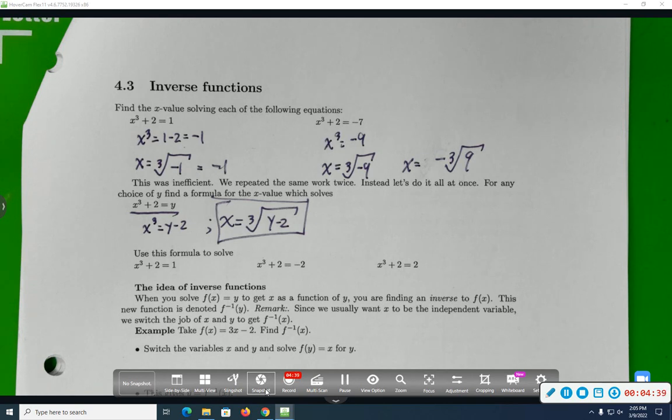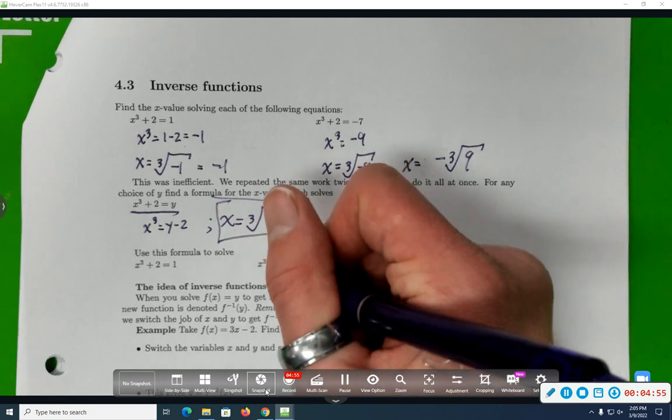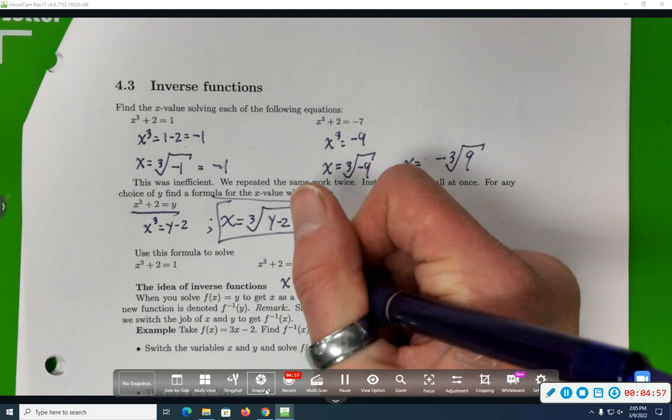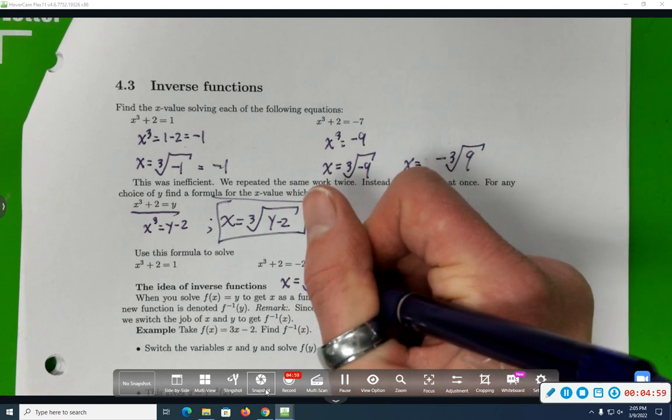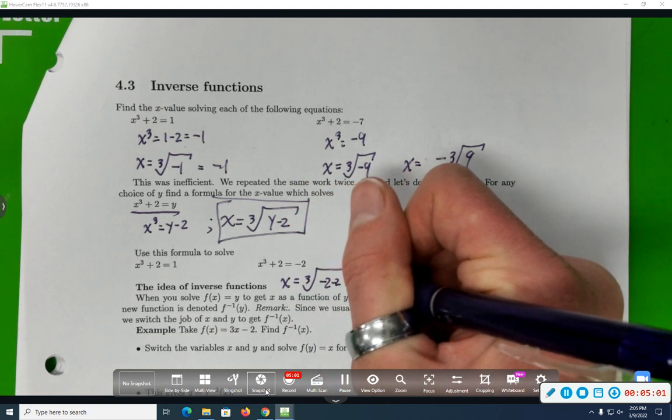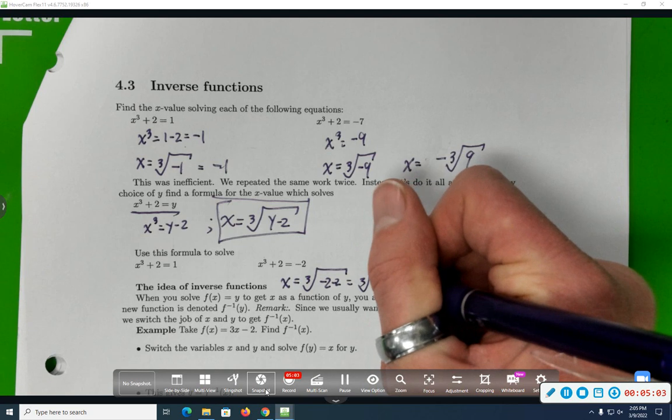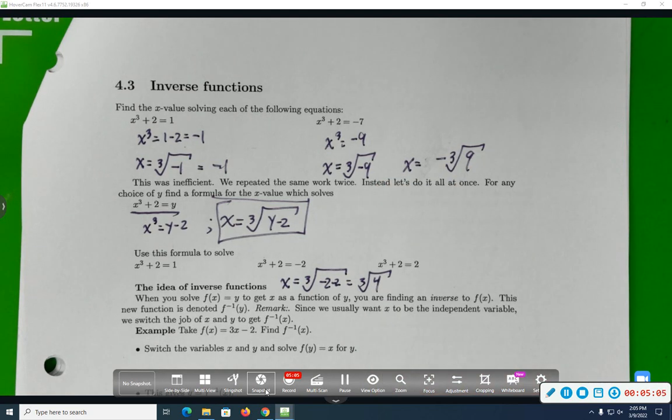If I ask you to solve x cubed plus 2 equals -2, what do you need to do? You could just use this formula, right? And plug in what for y? -2. x equals the cube root of -2 minus 2, I guess that's the cube root of 4. -4.